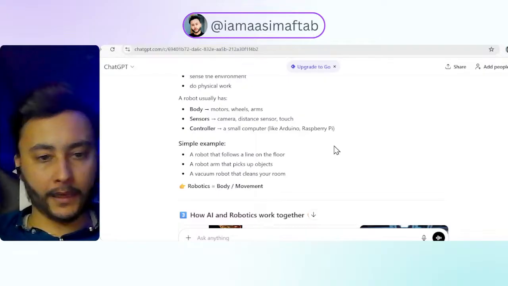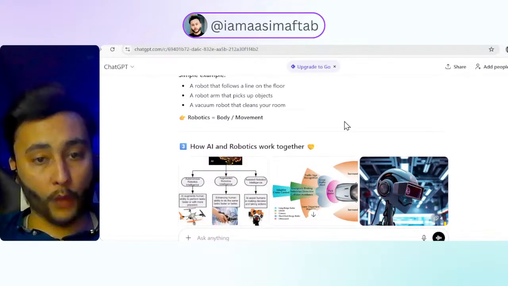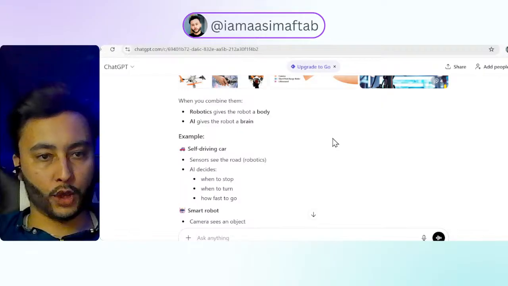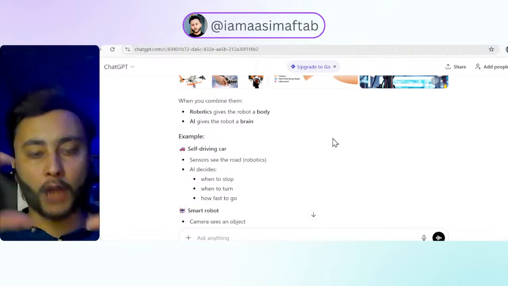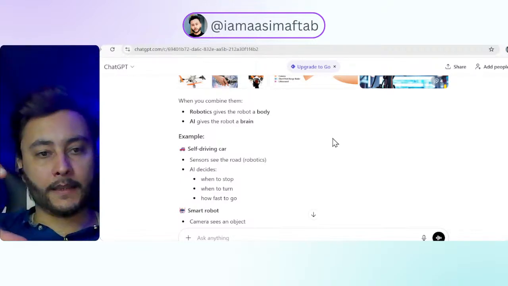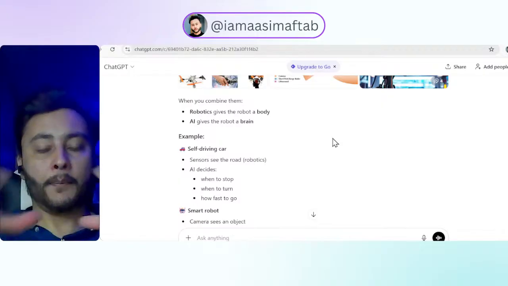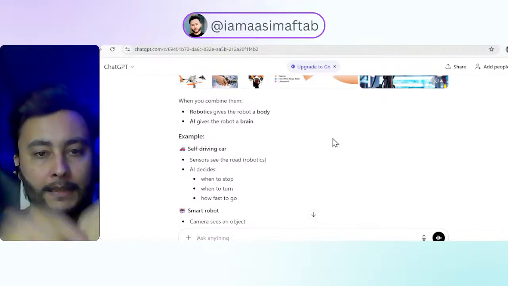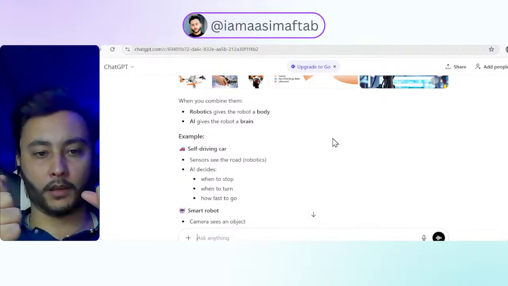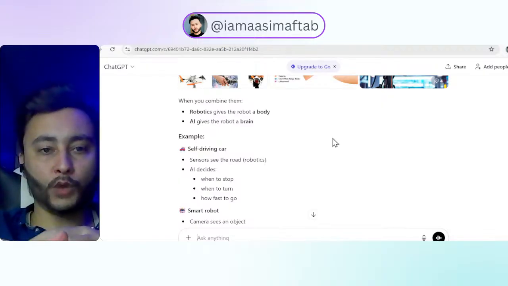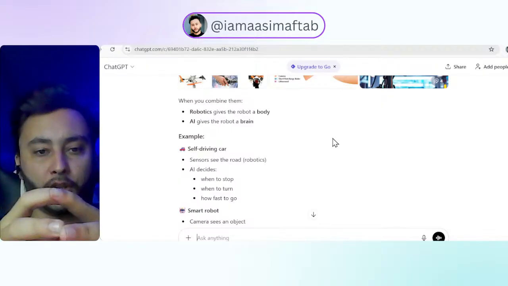We have understood AI, we have understood robotics. Now, how do AI and robotics work together? Very interesting topic. Why combine them? Robotics gives the robot a body. AI gives the robot a brain. For now, we have understood that robotics is a physical machine made for specific tasks like picking up an object, and AI is a brain for that robot, closely related to each other.